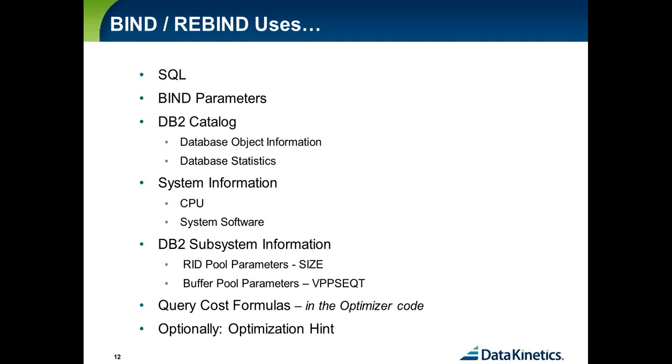Other things that the optimizer uses: CPU, system software information, memory utilization, buffer pool and RID pool information, query cost formulas inside the optimizer applied to the SQL, and then optionally an optimization hint. So all this stuff goes into the bind and the rebind process for static SQL.